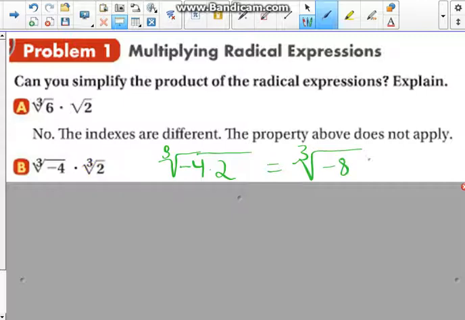And we know that that's going to be equal to negative 2. We don't use absolute value symbols because this was an odd index.